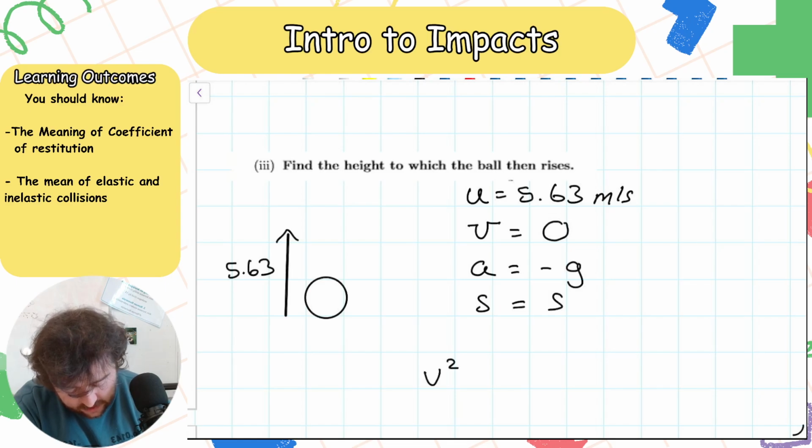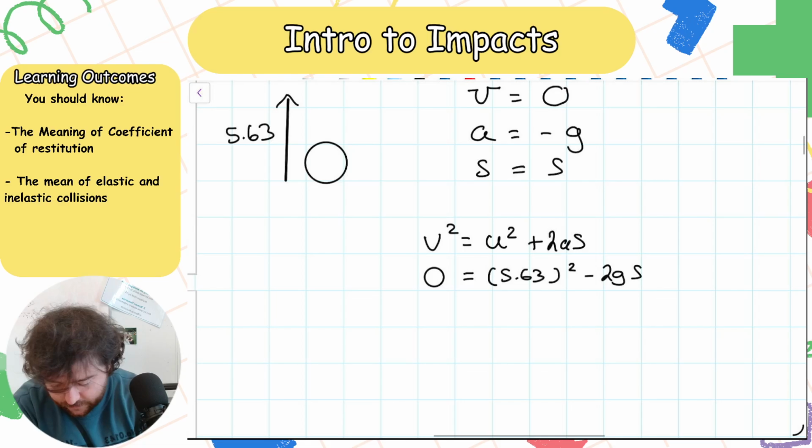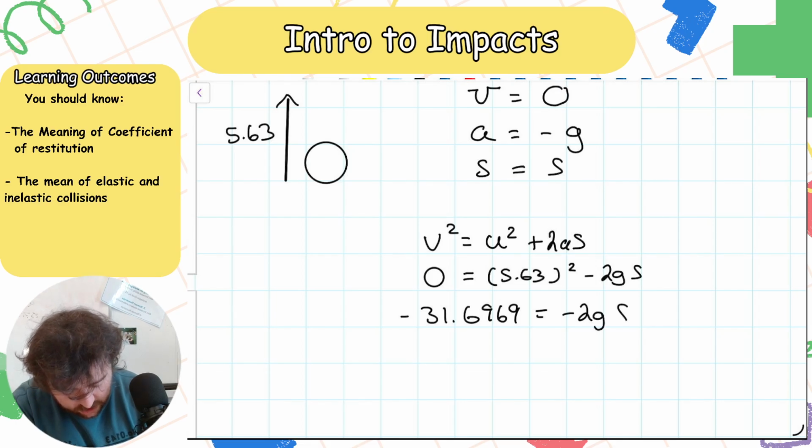So V squared equals U squared plus 2as. V squared is 0. So 0 equals 5.63 squared minus 2gs. So 5.63 squared, which is 31.6969, is equal to 2gs. So divide both sides by 2g.